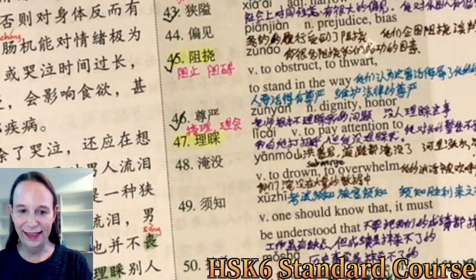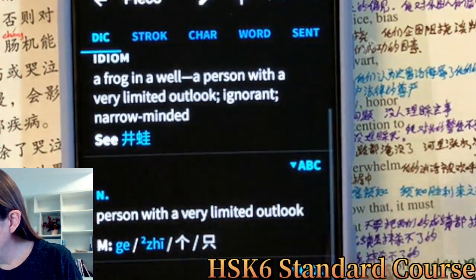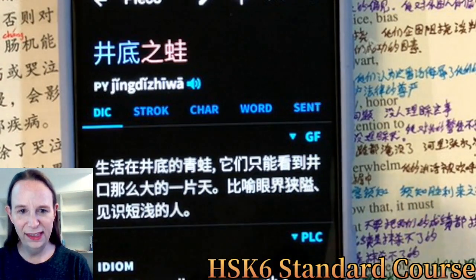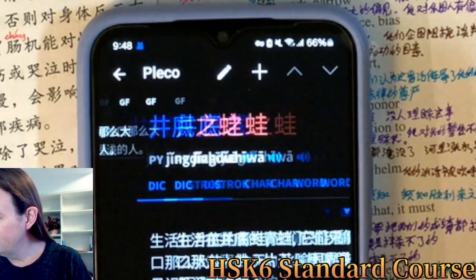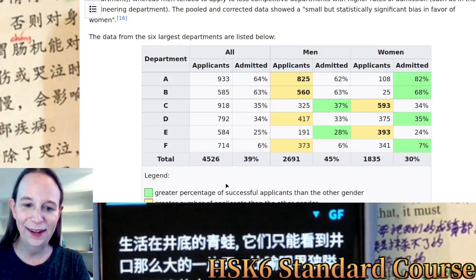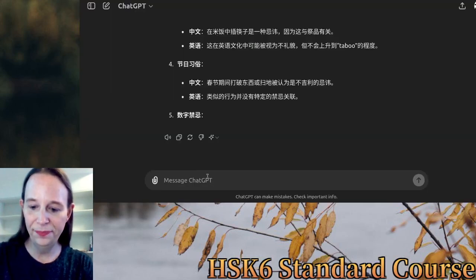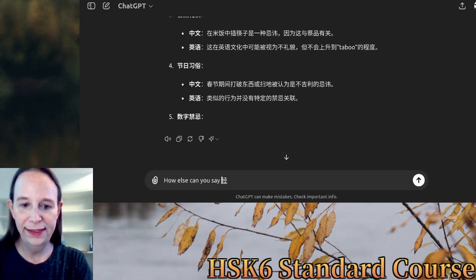井底之蛙. And where's the variant? It's the 井蛙观天, something like that. Let's ask ChatGPT. That'll be the fastest way. How else can you say 井底之蛙?